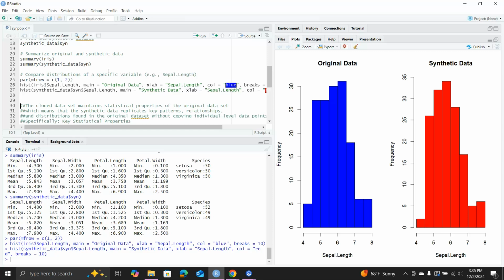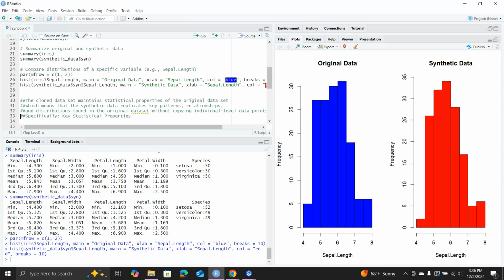What this means is that the synthetic data replicates key patterns, relationships, and distributions found in the original dataset without copying individual level data points. So the specific values of the data set are not the same, but many statistical properties are maintained.